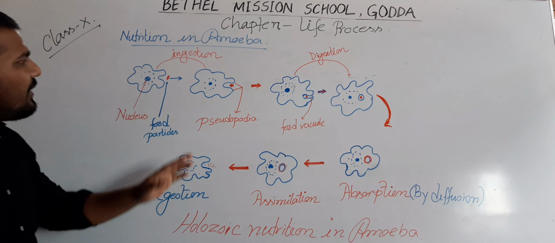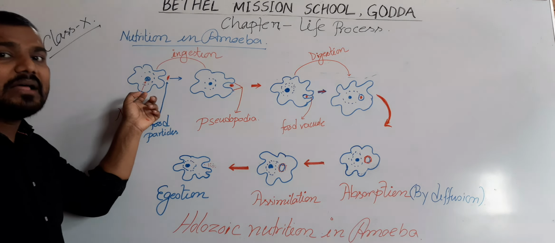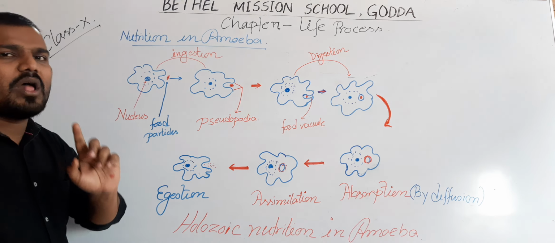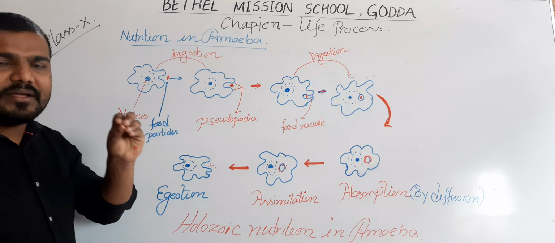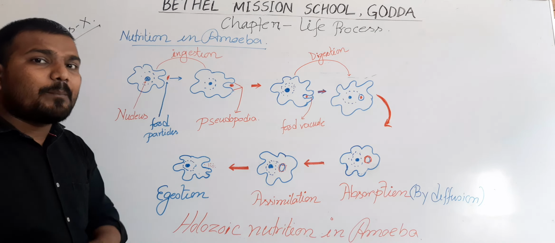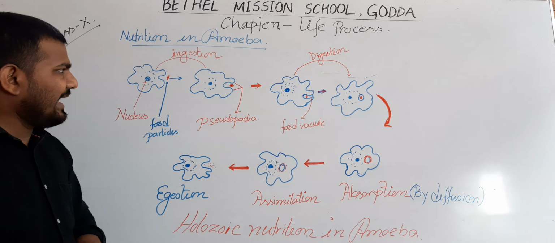So first, if any food material comes in contact with the amoeba, it forms pseudopodia. Pseudopodia means false leg. How do they form? They form by the changing of the protoplasmic amount, creating the false leg.